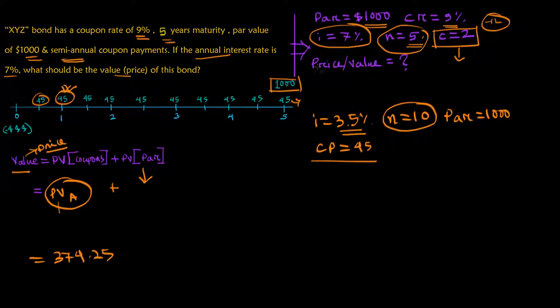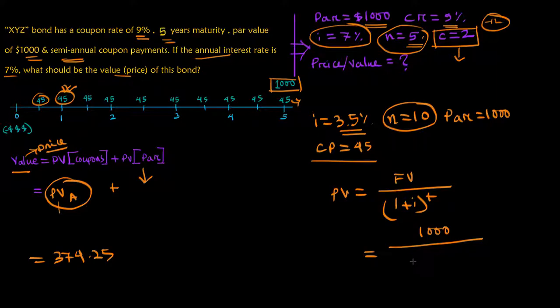Alright, now let's calculate the present value of this $1,000 that we'll receive after 5 years. The present value would be the future value, that is the $1,000, divided by 1 plus i to the power t. Now plug in the numbers.